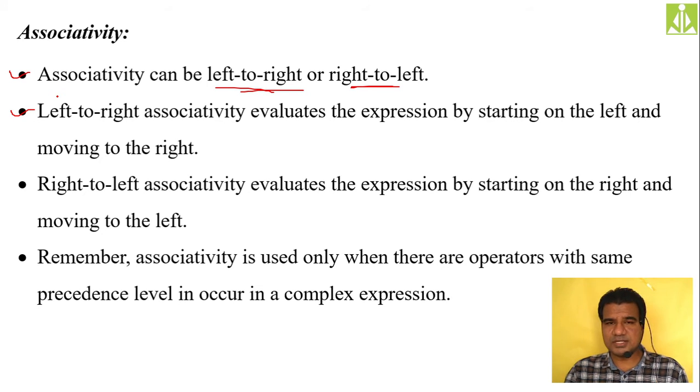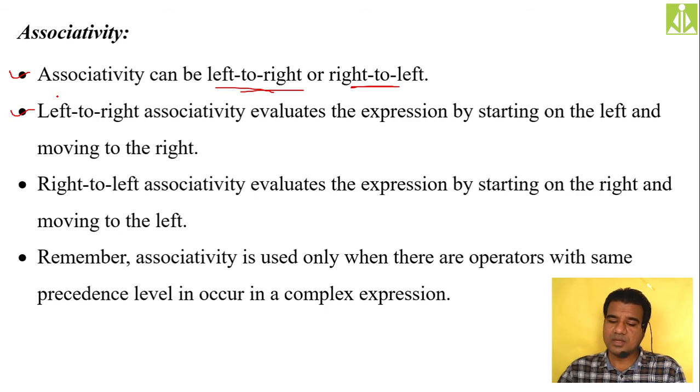If you have operators of the same precedence in an expression and the associativity is left to right, we move from left to right, and whatever operator comes first in that direction, simply evaluate that one. Likewise, for right to left associativity, we move from the right side towards the left, and whatever operator you get first, evaluate that first.